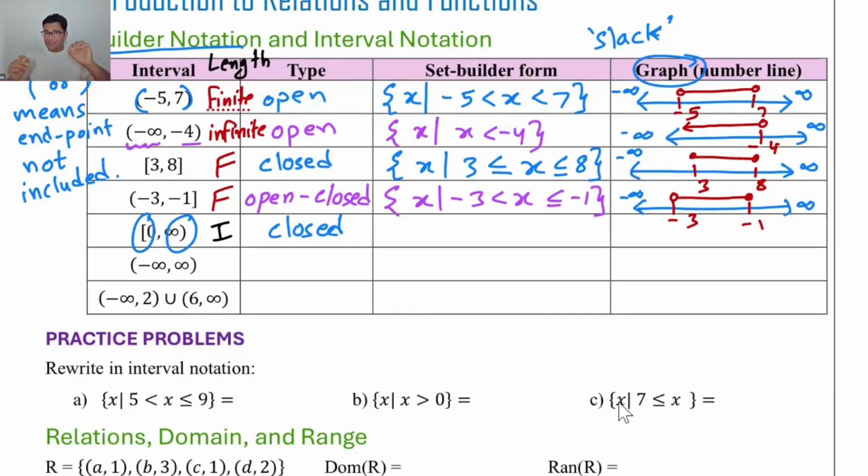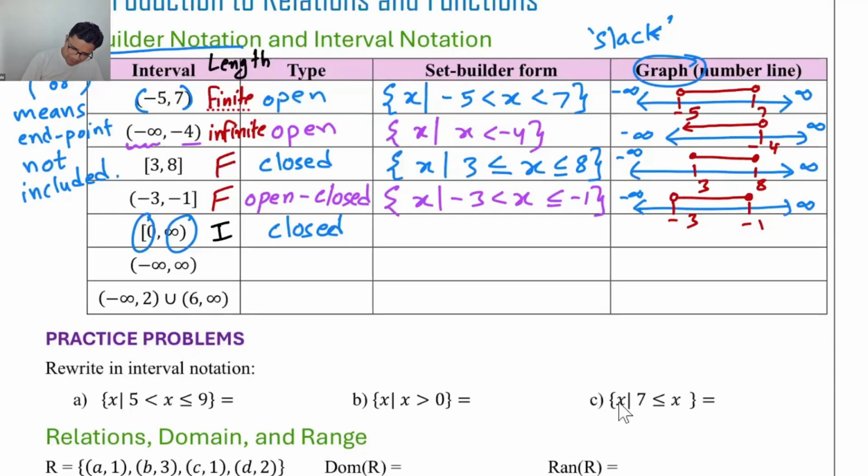Because you are including whatever the interval numbers are, endpoints 0 and infinity being an idea, you are including everything in between them, including the endpoints. So when I say including infinity, including everything large, it is a closed interval.